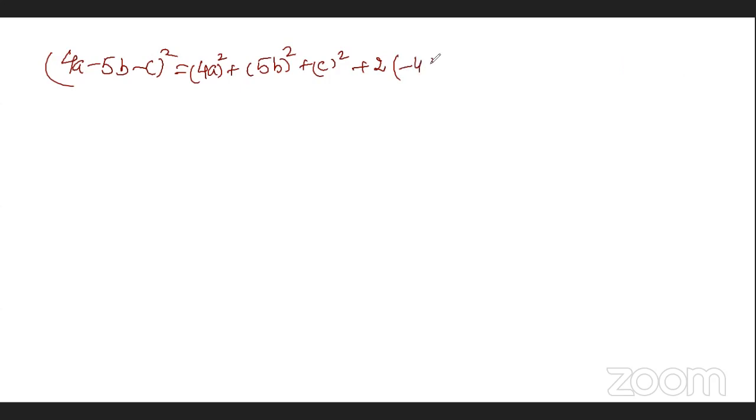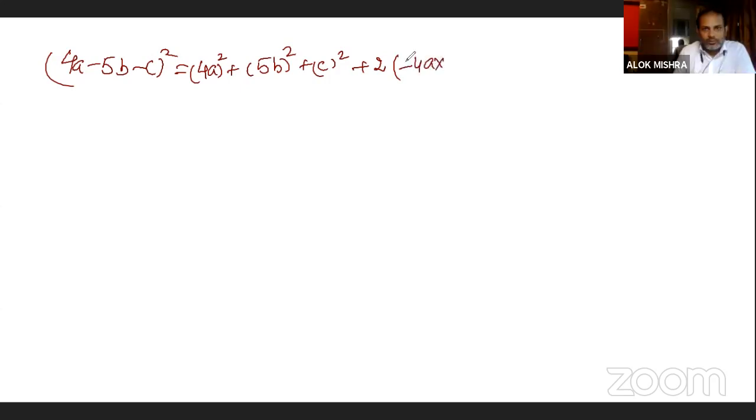It's minus 4a into, or I can write it in a simpler way, let me write down the bracket, 4a into minus 5b. This is the way also I can write it down. Plus minus 5b into minus c plus 4a into minus c. This is the other way of writing it.